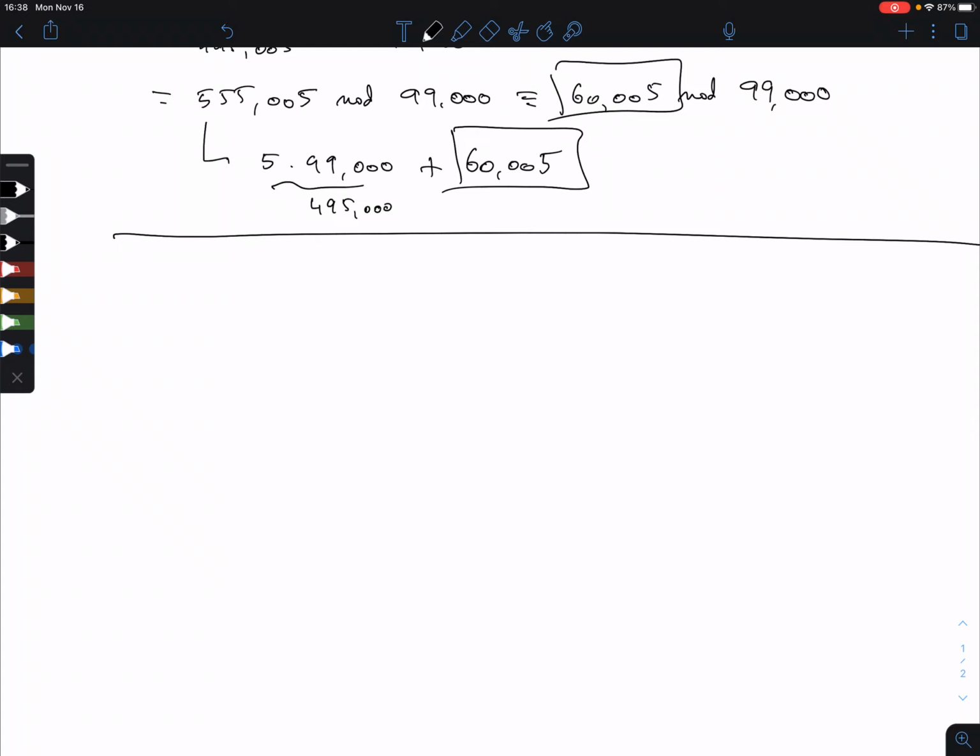Sorry, I'm thinking of changing the problem a little bit here. Okay, I'll do one with 4. I haven't prepared it well, but I think it's good to see how it works with 4.